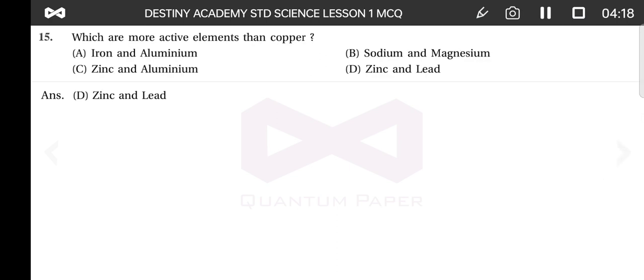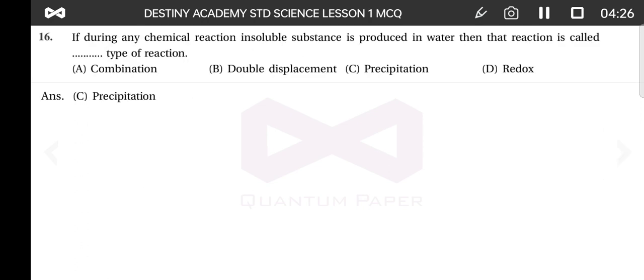Which are more active elements than copper? So the answer is option D, zinc and lead. If during any chemical reaction an insoluble substance is produced in water, then that reaction is called a blank type of reaction, that is known as precipitation reaction.